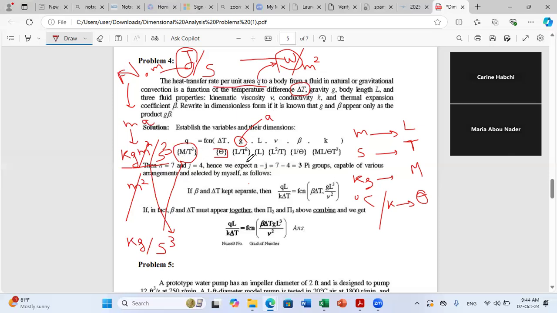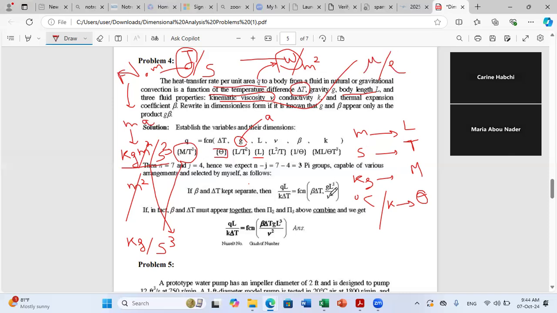You have to consider the body length, of course L. We have the kinematic viscosity, if you remember by definition, the kinematic viscosity is the dynamic viscosity mu over the density, rho. We already learned in class how to get the dimension of mu.